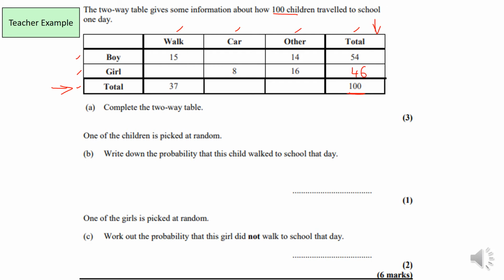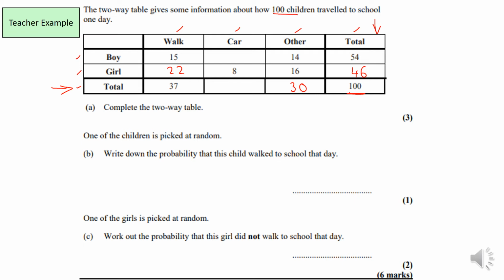I also know 14 add 16 for other is going to be 30. The total there is 30. That's what I know so far. For the walking one, there were 15 boys, and we need to work out the girls, so we could say the total is 37 take away 15, it's going to be 22. And then we've got two more to fill in.